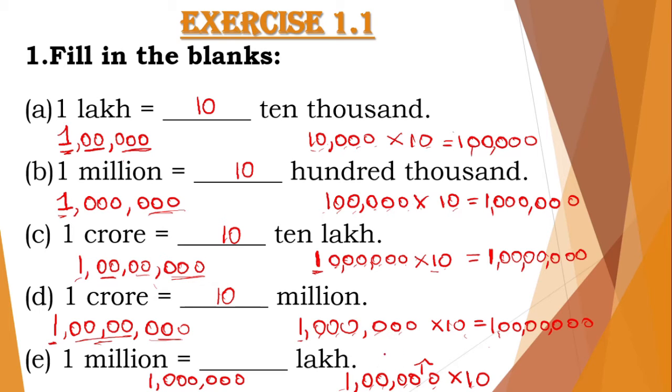So let's add them. Now let's put the commas. So we got our answer as 1 million. So after multiplying with 10, we got 1 million. So our answer again, it will be 10. So this was the first main. Now let's move to the next main.